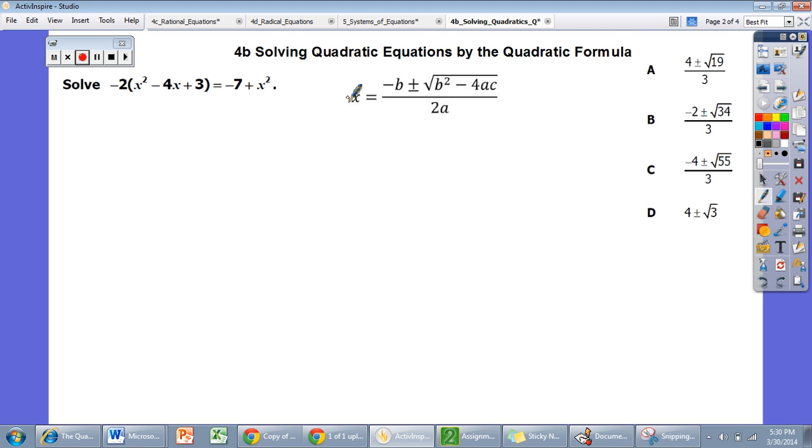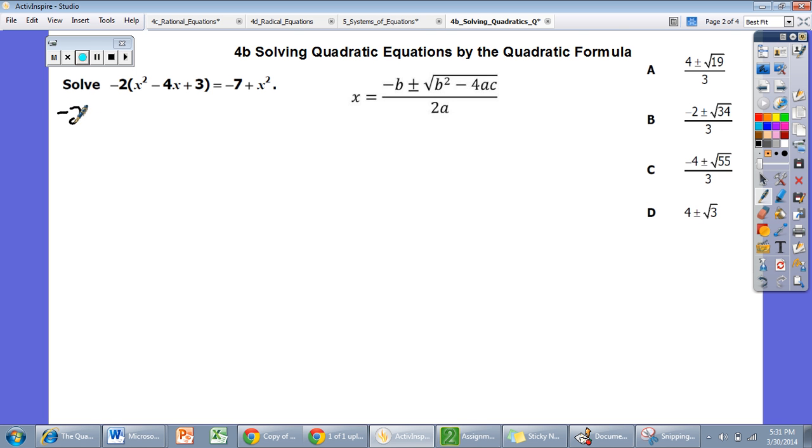This is your quadratic formula, which you probably know fairly well. It isn't something that you have to memorize. It is on your formula sheet, but you do need to know how to use it. This is the equation that we're going to solve. What we do need to do here is distribute our -2 first.